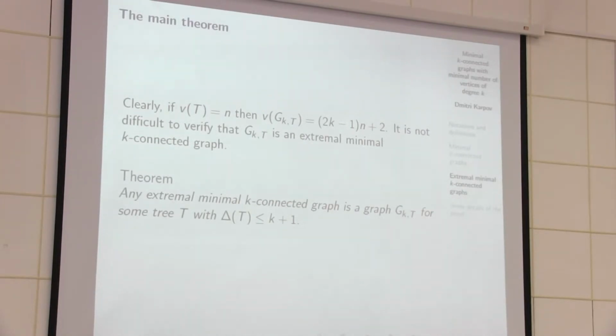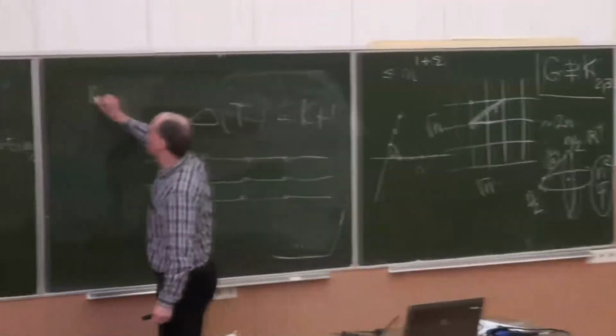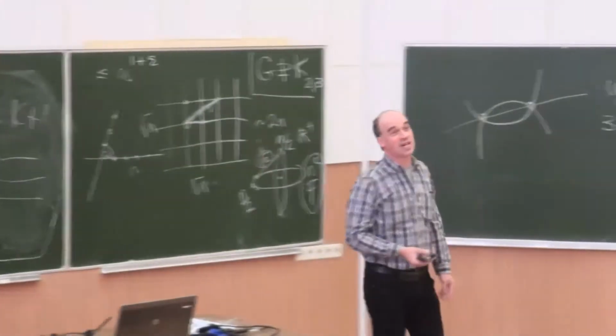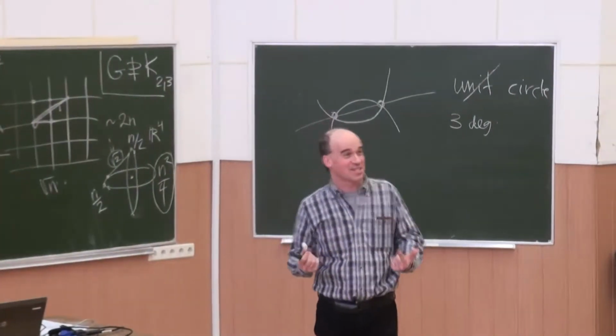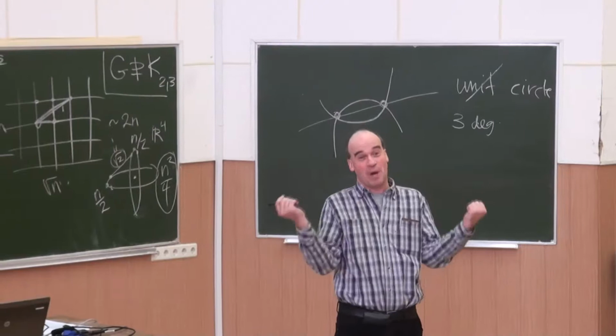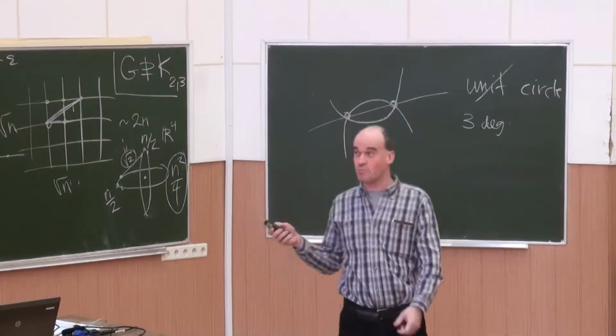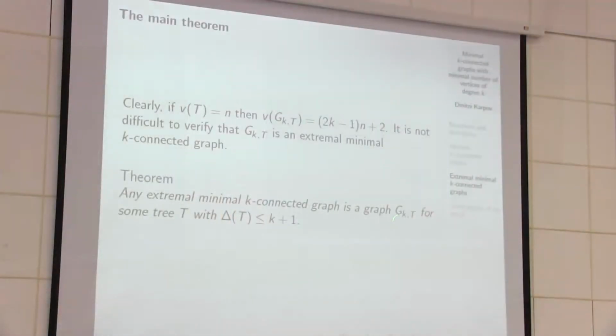Let me mention that the case k equal to 1 is also true and trivial, because all minimal 1-connected graphs are trees, and the extremal minimal connected graphs are simple paths, trees with 2 leaves, 2 pendant vertices, and they are graphs of such type because this construction adds 2 new leaves for a simple path.